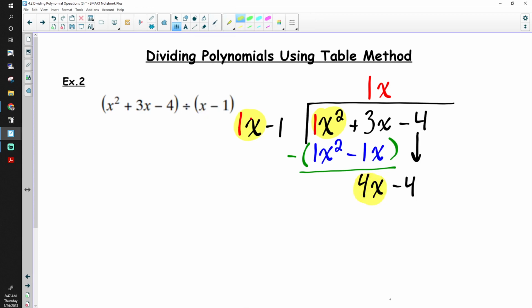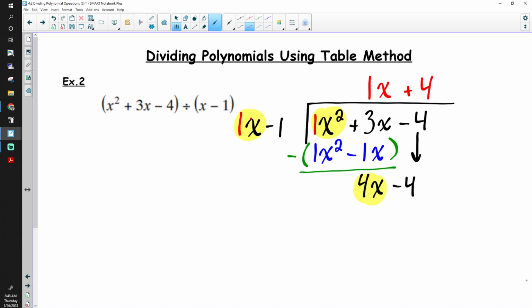So you're trying to figure out, what can I multiply 1x by to turn it into a 4x? A positive 4. And you can see that pattern is still happening. The next spot where I'll write my next number, there's no x there, so I just need a plus 4. Okay, if I add any extra x's to this 4, then it's not going to be just an x anymore.